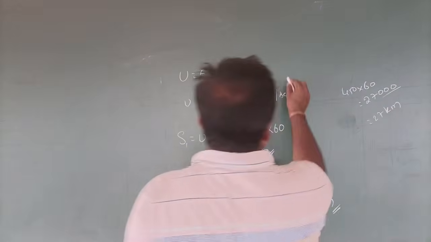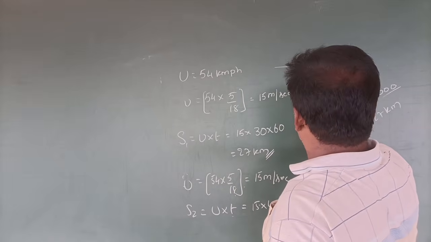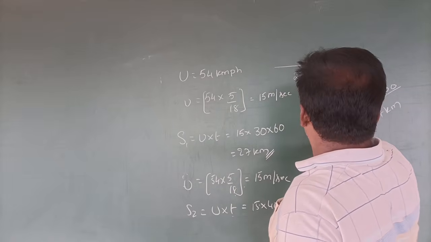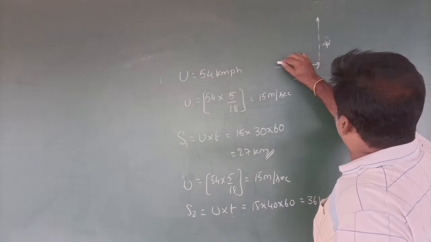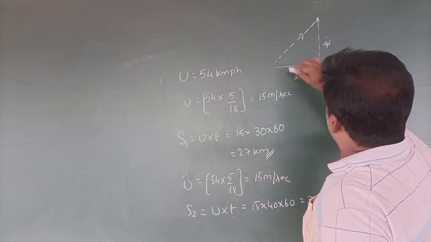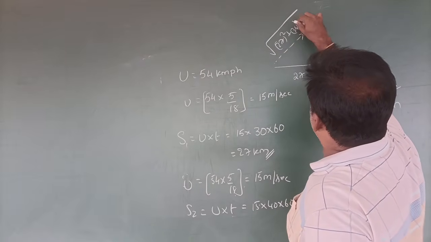So this is the displacement that it covers along east and north. This one along east is a distance of 27 kilometers, and this one is 36 kilometers. Now what is the net displacement? Root over 27 square plus 36 square.